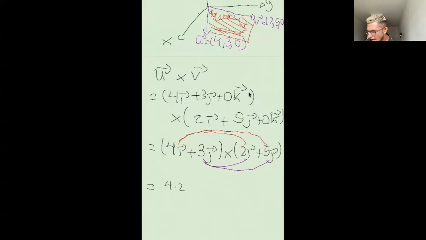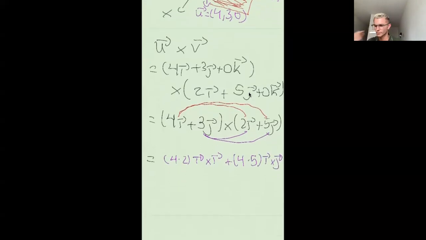But then you get i cross, let me write this in purple. So you get 4 times 2, i cross i, plus 4 times 5, i cross j. And then, sorry, I confused the colors.